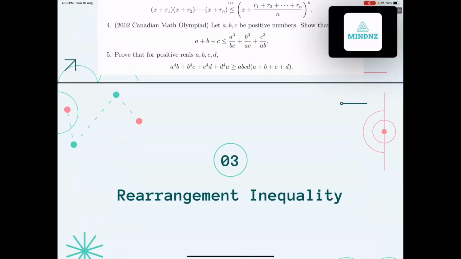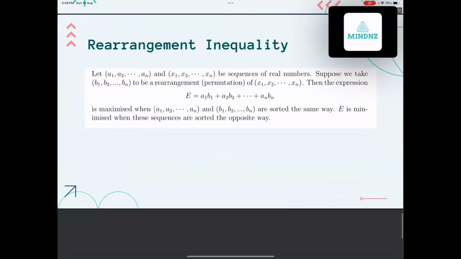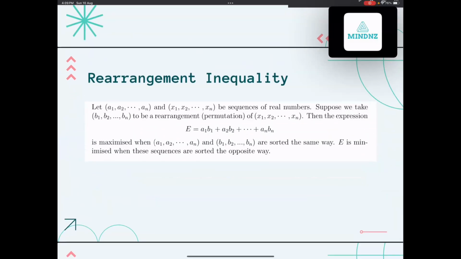Okay, so the rearrangement inequality. This is an inequality based on finding the maximum or the minimum expression of a permutation of two sequences and how they are multiplied. So I guess their dot product. Here we have our numbers a1, a2 all the way to an, and then x1, x2 all the way to xn.